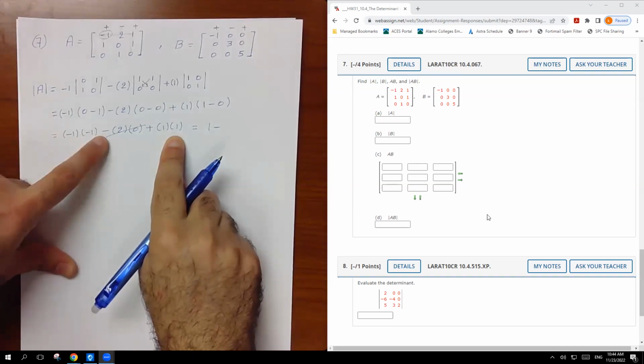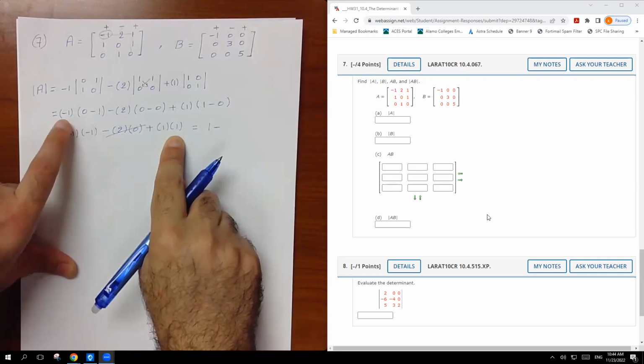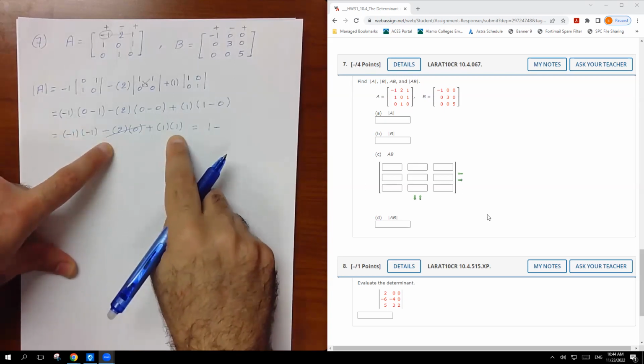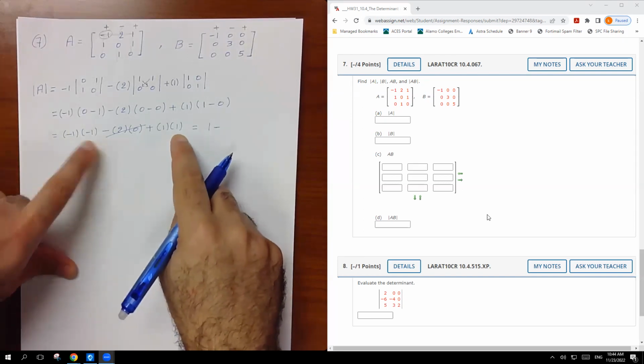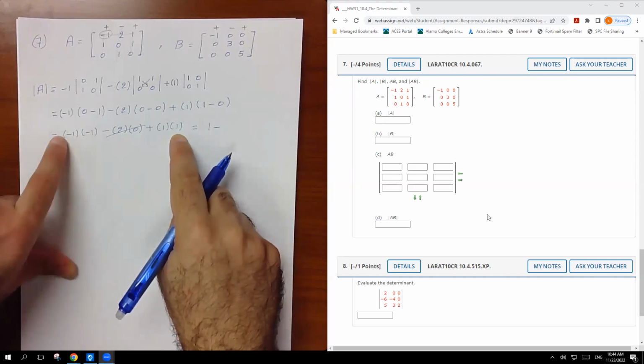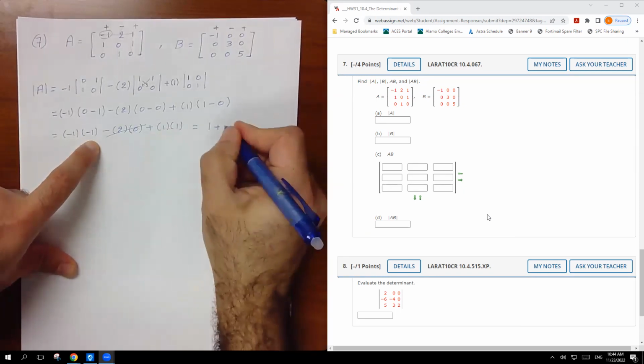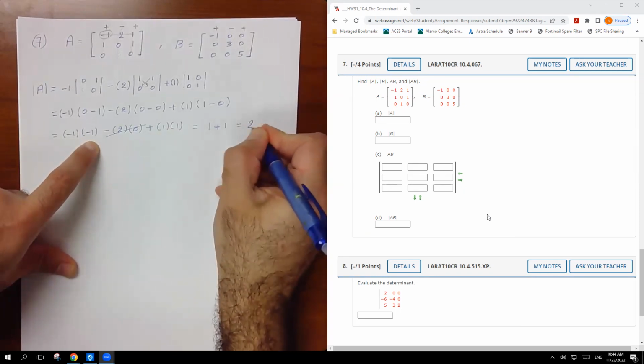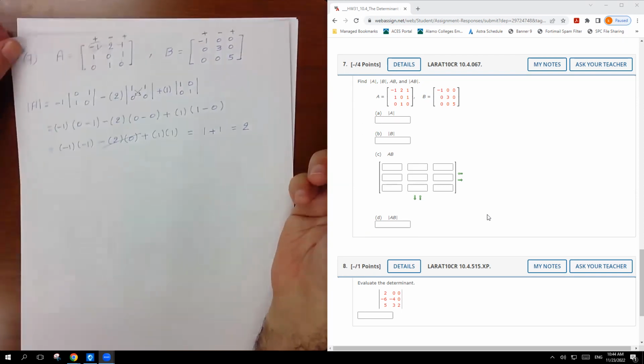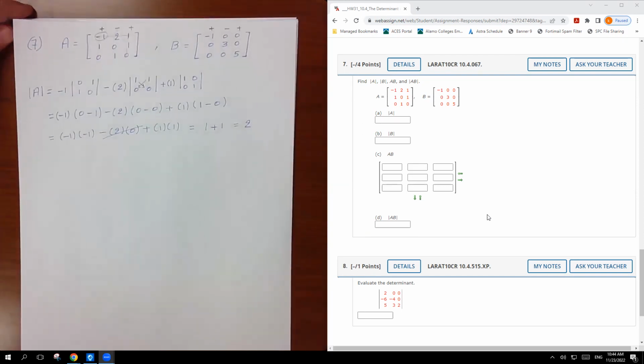So here is -2, -1, -2, and here is 1, and here is 1. Okay, so 1, this is 0, so 1 times is going to be 1, plus 1 times 1 is going to be 1. So the result is going to be 2. So the determinant for the matrix A is going to be 2.